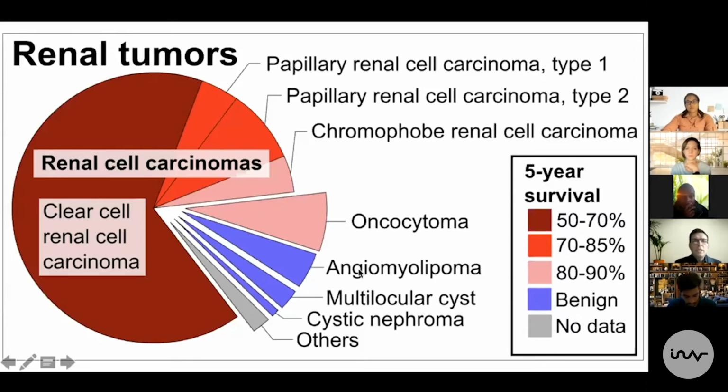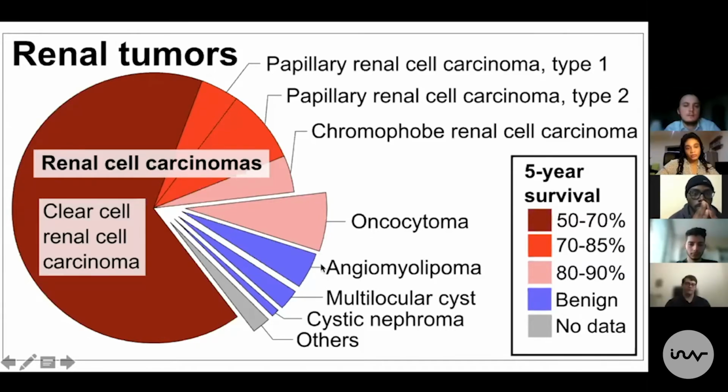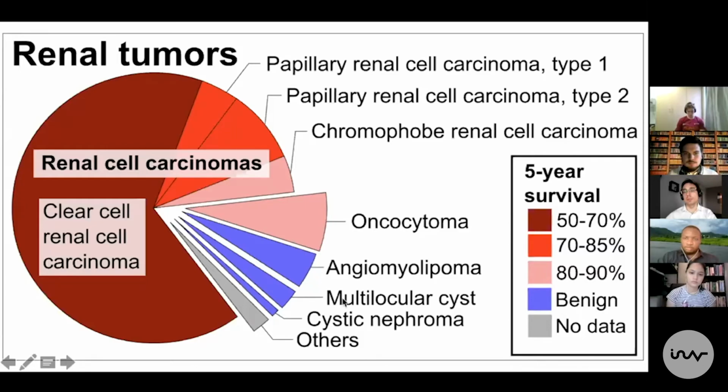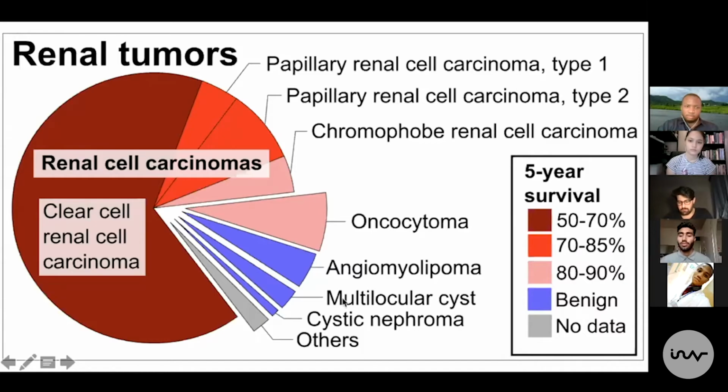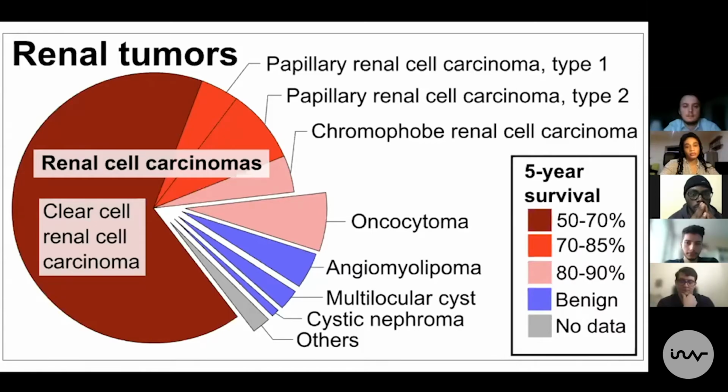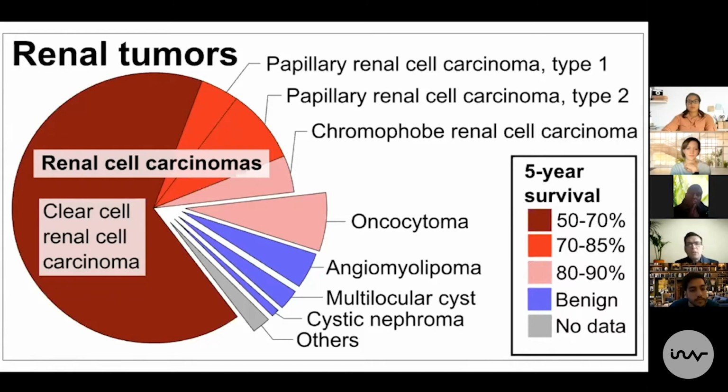Here you can see benign types as well, but benign renal tumors grow very slowly, and they seldom reach a size over 7 centimeters. But still, according to recent research, a biopsy could be performed in the case of small tumors.